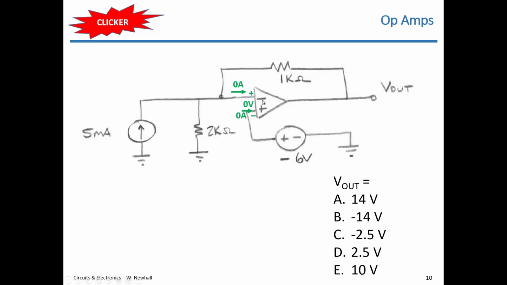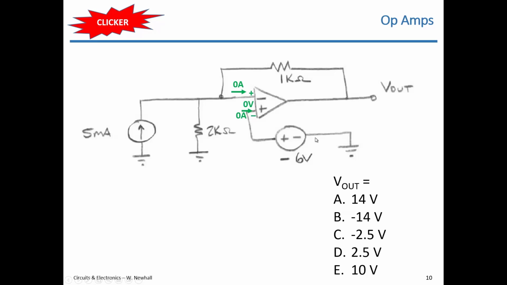That's not due to negative feedback. It's just that typically the op amps we use have high impedance inputs. Okay, so we start there. And then I like to just start filling in what I observe about the circuit to see if there's some way I can write a KCL equation or a KVL equation to find V out, right? We're looking for V out here.